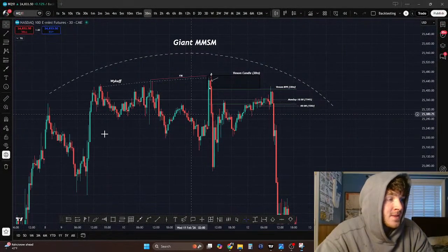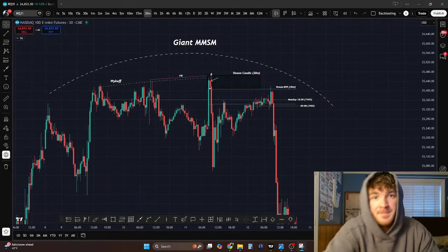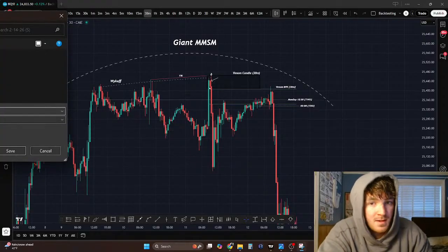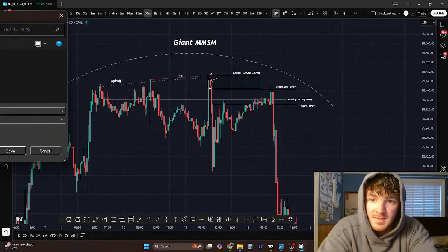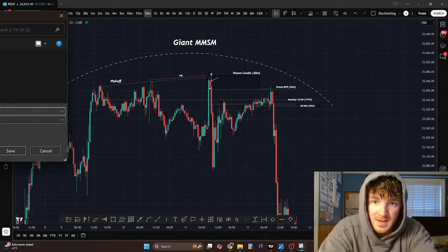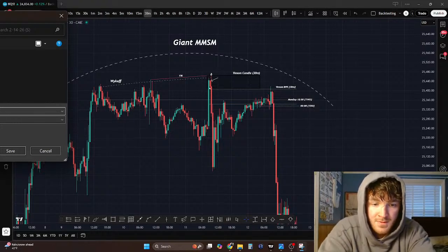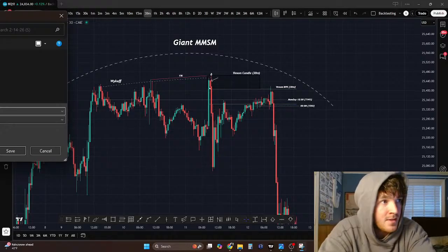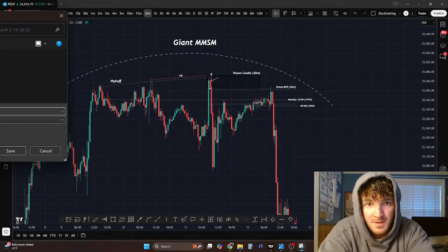With these fangs being the BPR. Okay, so the venom candle in this case is from the lower wick of the second candle to the upper high of the wick on the third candle.